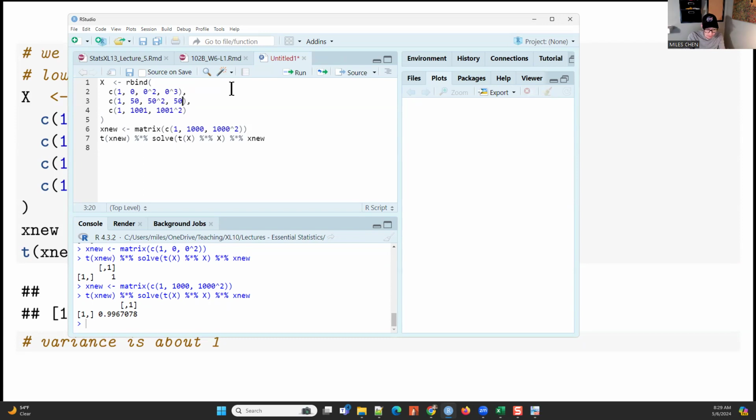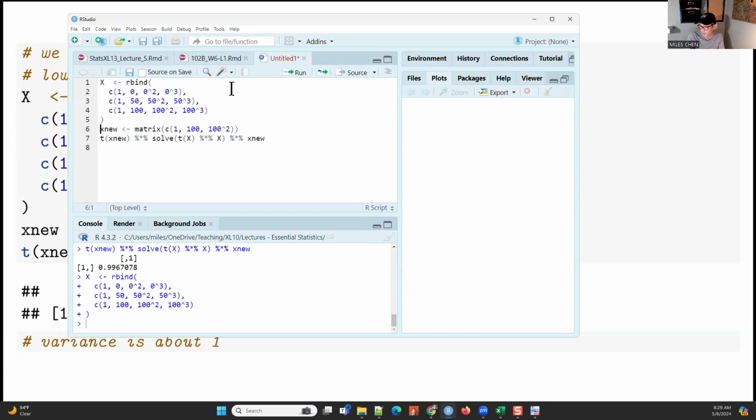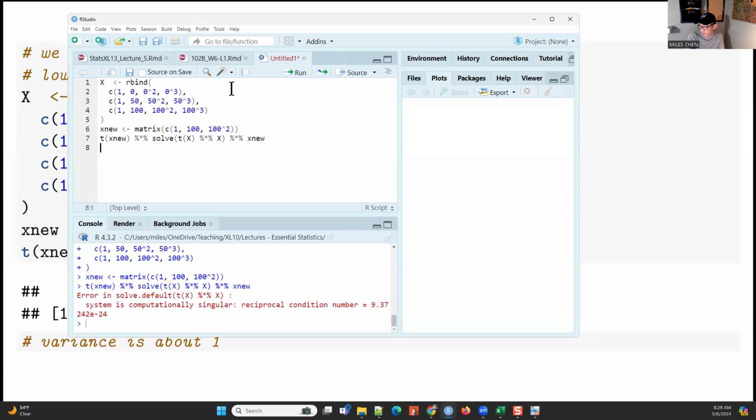Try. These are just ones I'm just fiddling around here. Ooh, this is gonna. Let's go back to 100 and 100 cubed. This might break my computer. Yeah, I get a singular.